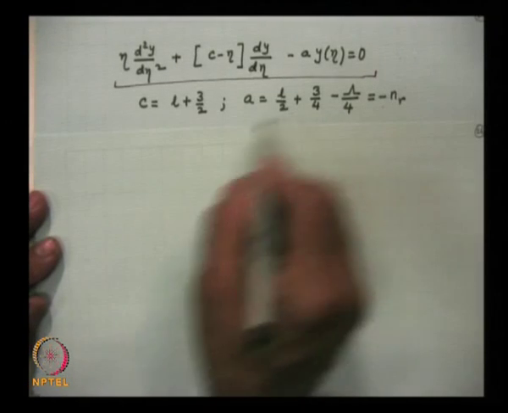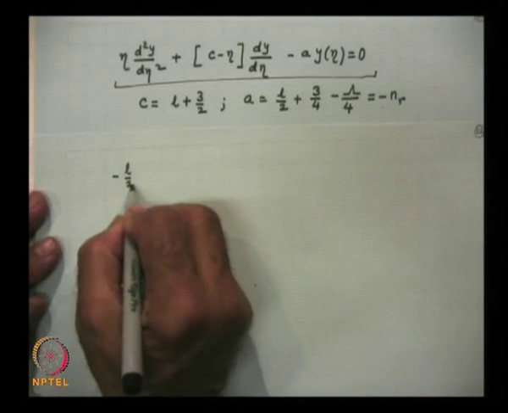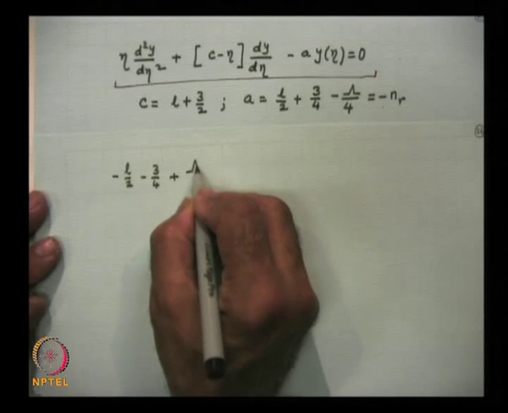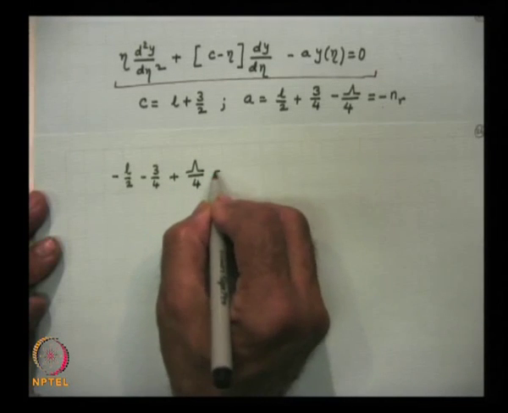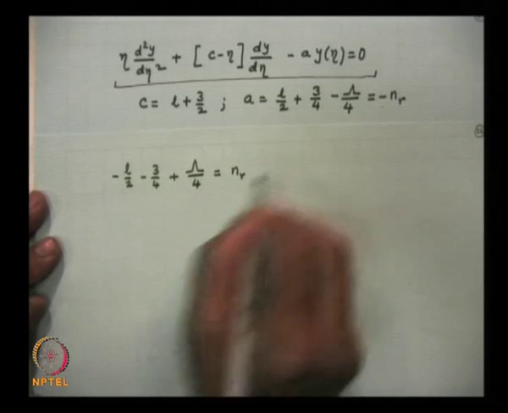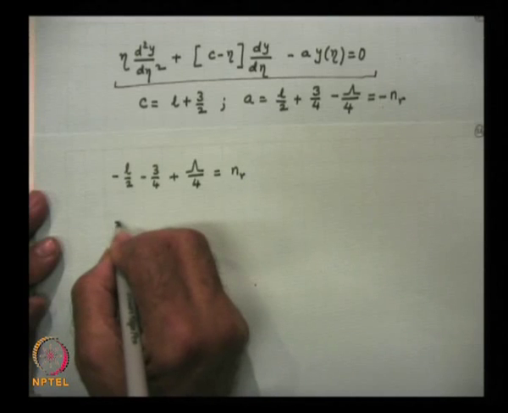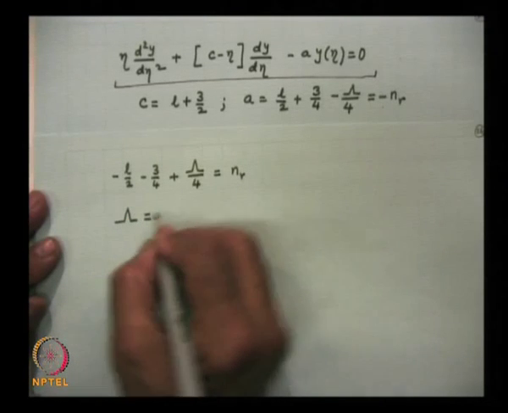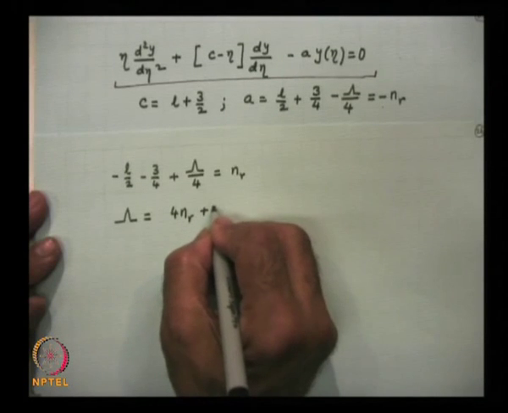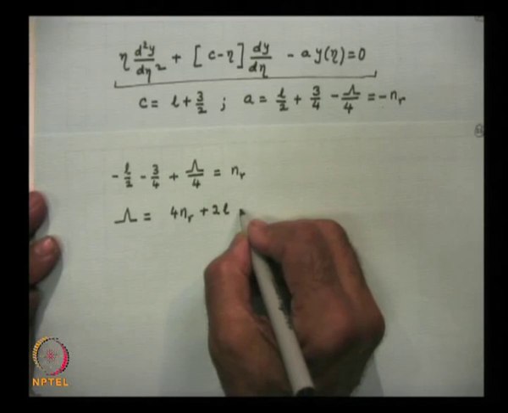If I multiply this by minus 1, you get minus L by 2 minus 3 by 4 plus lambda by 4 is equal to n r. I take this to that side and I multiply by 4. So, I get lambda is equal to 4 n r plus 2 L plus 3.